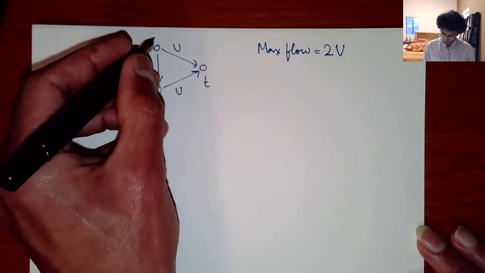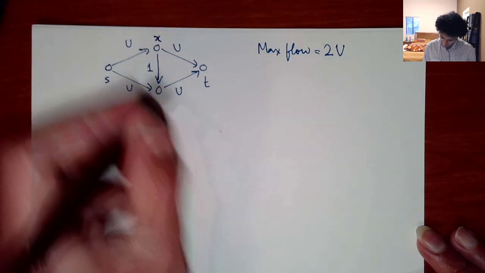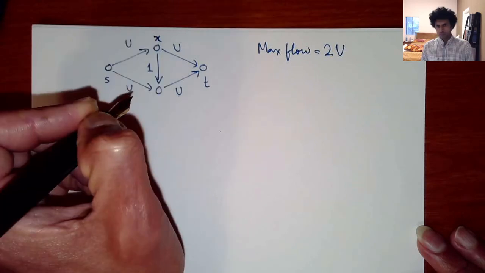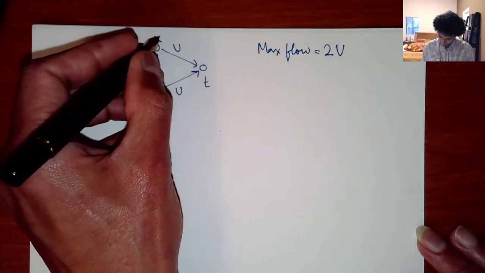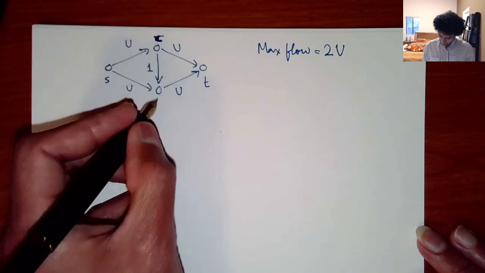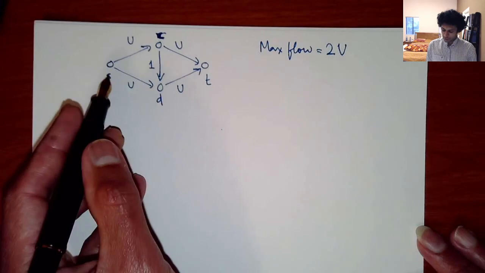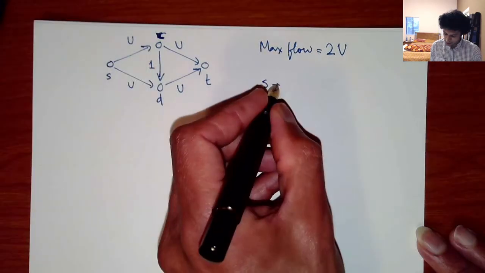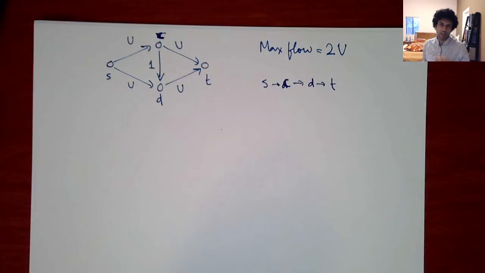I used X for flow, so let me refer to this as C. I'm going to refer to this as D. So instead of sending flow from S to C to D, you could send from S to C to D to D. You could imagine sending 1 unit of flow along that direction.